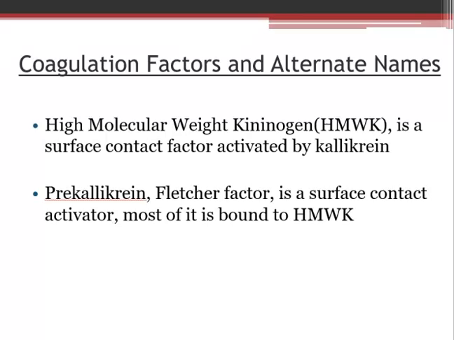A couple more points of information that we need to point out for our coagulation factors and alternative names: our high molecular weight kininogen is a surface contact factor activated by kallikrein. Our prekallikrein is also known as Fletcher factor and is a surface contact activator and is mostly bound to our high molecular weight kininogen.